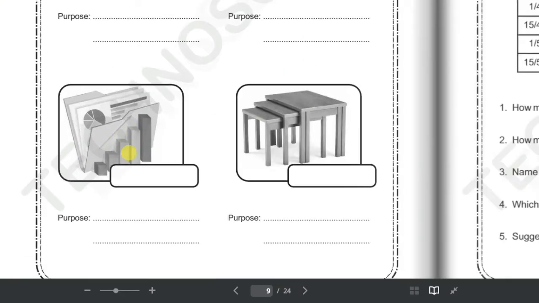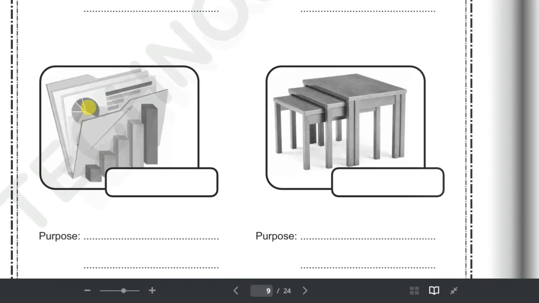Next one, you can see some charts here: pie chart, bar chart, some chart formats. We can present your data using charts with a pictorial representation. This is the icon for placing charts in your table. So the charts option will be used to present your data with a pictorial representation.